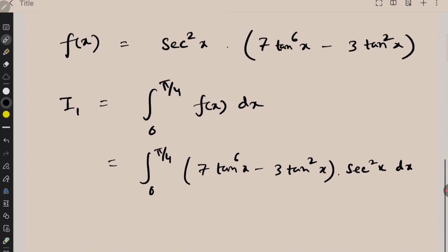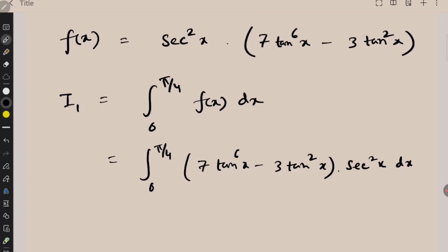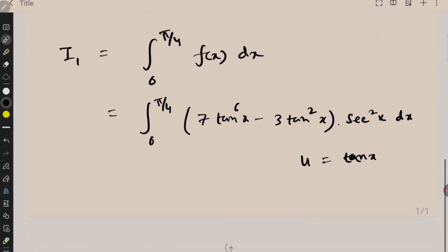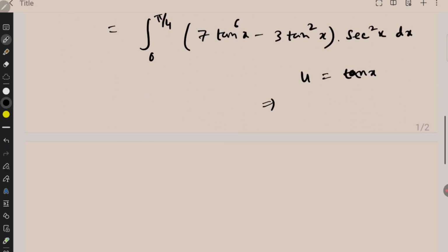Now think about how we can replace this sec squared x dx with another variable, a substitution of variable. If you take u equals tan x and then take the derivative with respect to x, what are you going to get? du/dx equals sec squared x, which means du equals sec squared x dx.